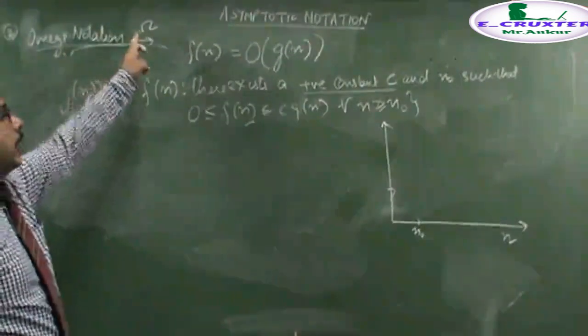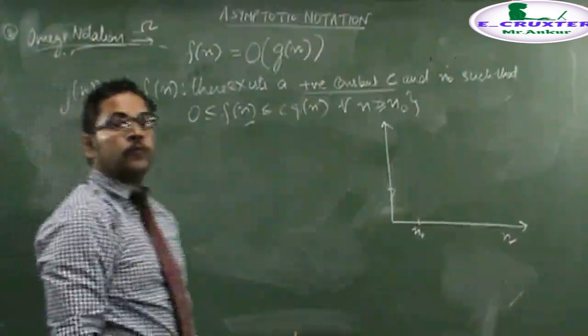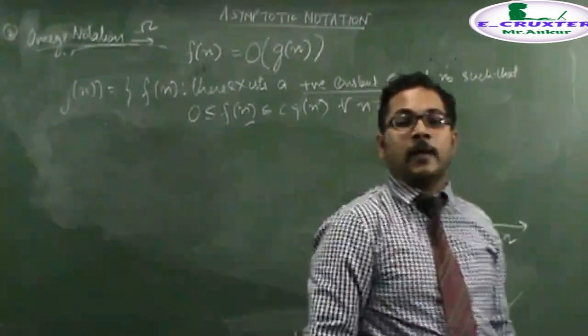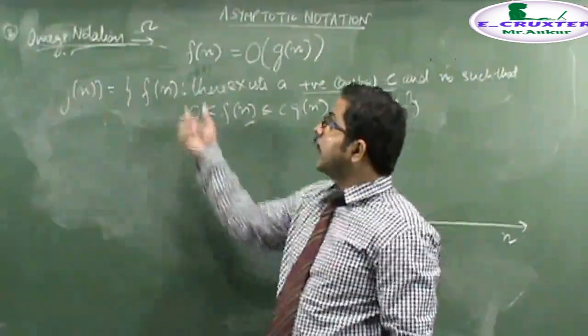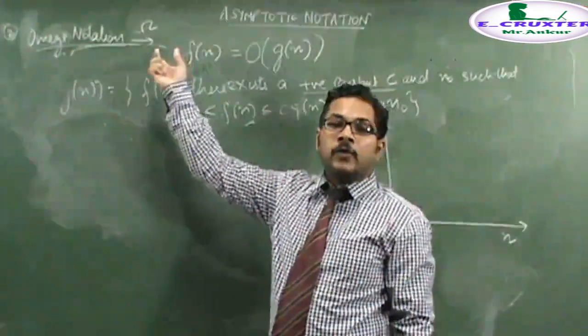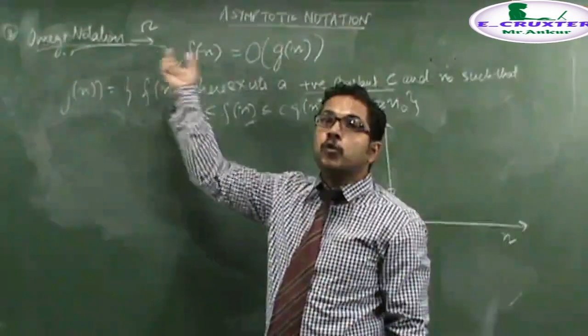As we know, Big O notation was representing an asymptotic upper bound. Similarly, omega notation provides an asymptotically lower bound.